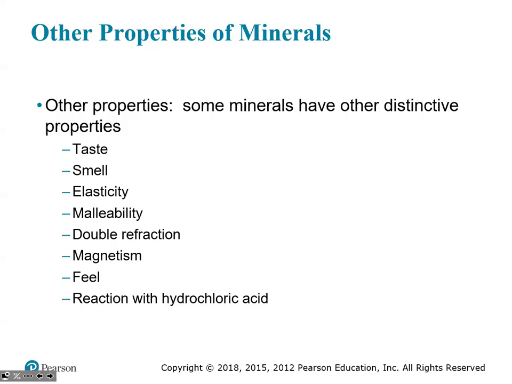So magnetism, oops, what it feels like. And lastly, there's a few minerals where one of the best ways to identify them is to put a drop of dilute hydrochloric acid on them and see if it bubbles.